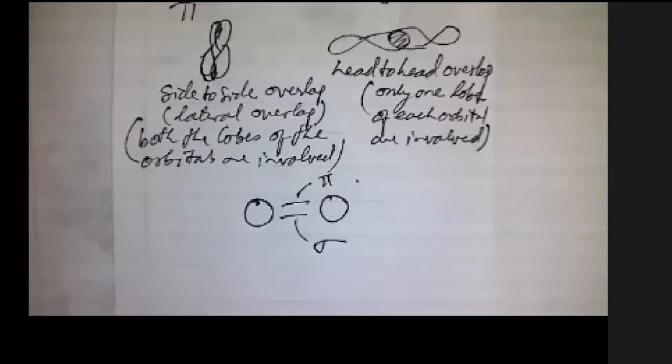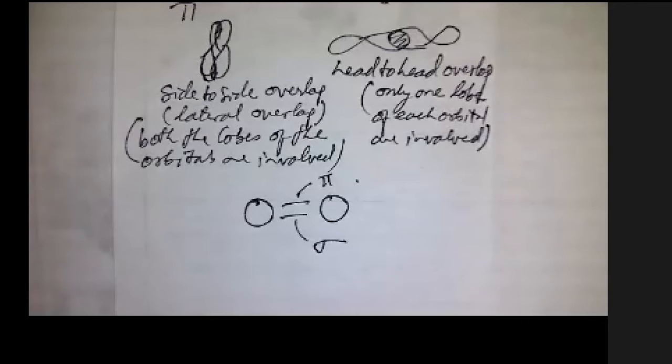Sigma bond, I told you in the beginning, is on the nuclear axis and in between the two nucleus. And pi bond, they are around the nuclear axis. They're not on the nuclear axis, they are around the nuclear axis.